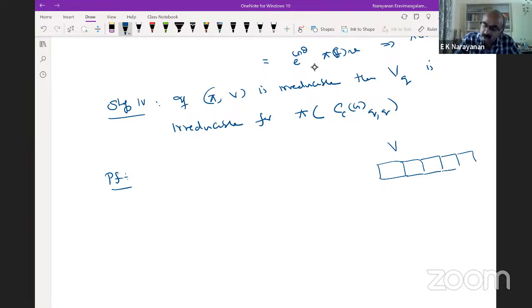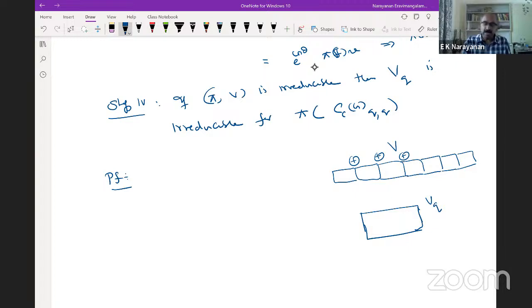Think of them as VNs, Vn plus 1 and so on. And they are all orthogonal to each other. So it's a direct sum of various spaces. One of them is VQ. Let's think of VQ as a bigger box here.